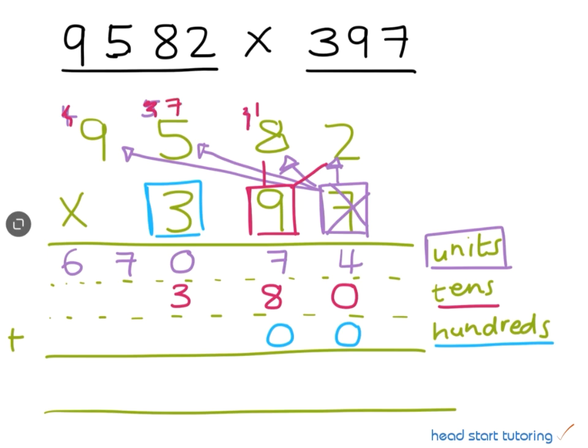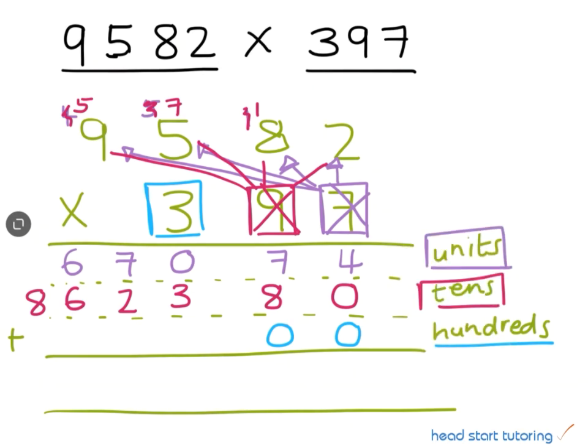Carry our 7. 9 times 5 is equal to 45. And 45 plus 7 is equal to 52. And now 9 times 9 is 81. And 81 plus 5 is 86. So we've now dealt with our 9, which was our 10.